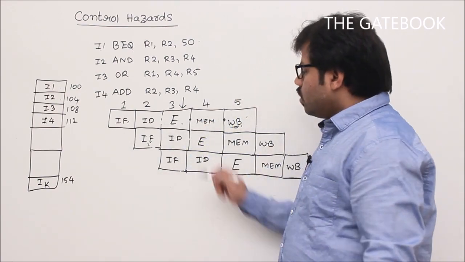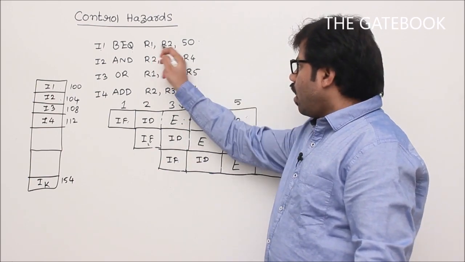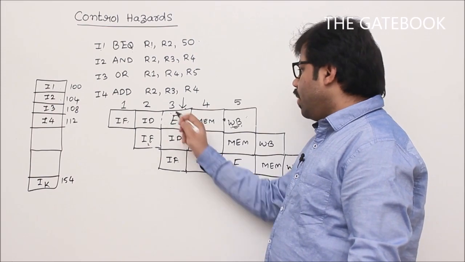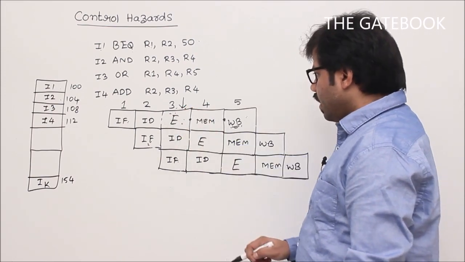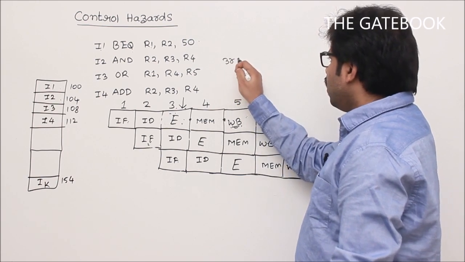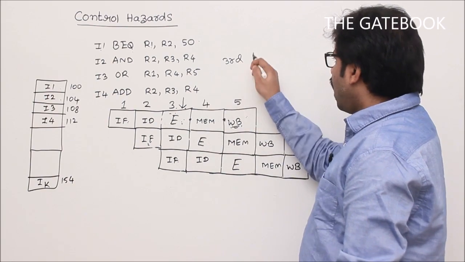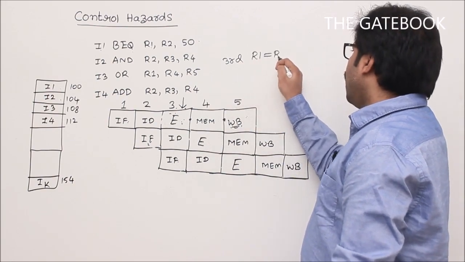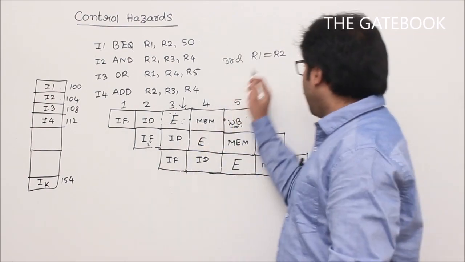This is the earliest stage at which you will get it, because I already explained that R1 and R2 are compared here. Based on that, the effective address will be computed. Let me focus on the third clock cycle clearly. In the third clock cycle, on behalf of instruction number 1, R1 and R2 will be compared. Assume that R1 and R2 are not equal, just case number 1.